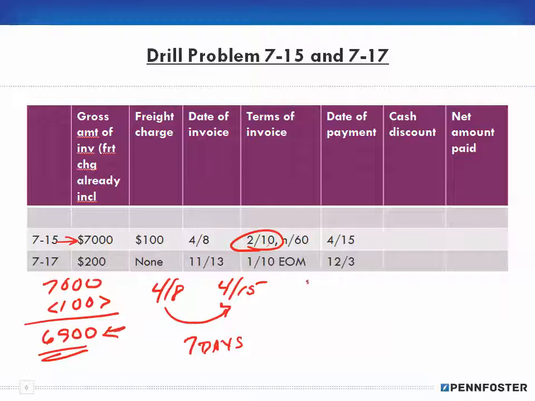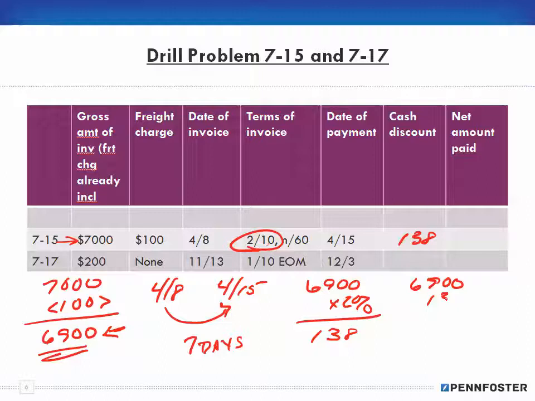So I take $6,900 and multiply that by 2%, and that's $138 for a discount. So my cash discount is $138, and then of course I subtract the 138. Let me get the calculator here.